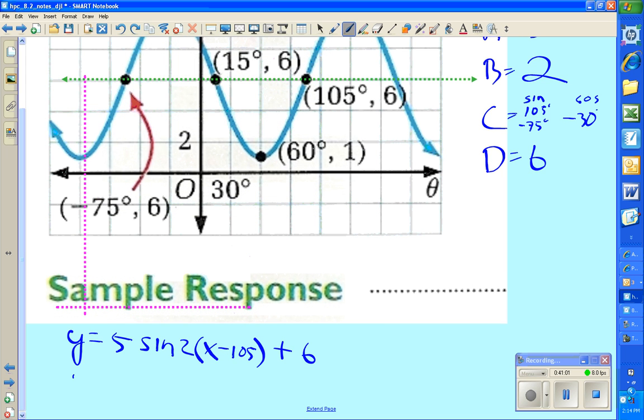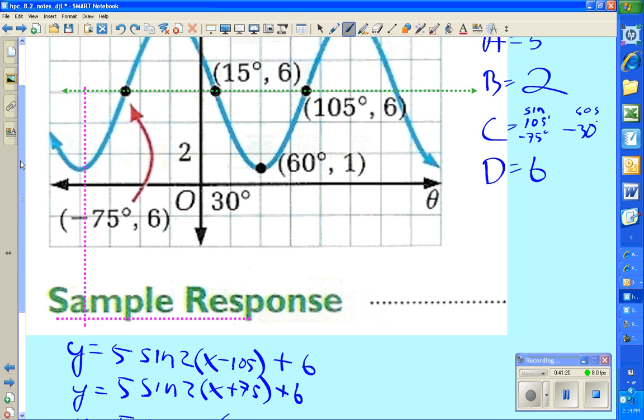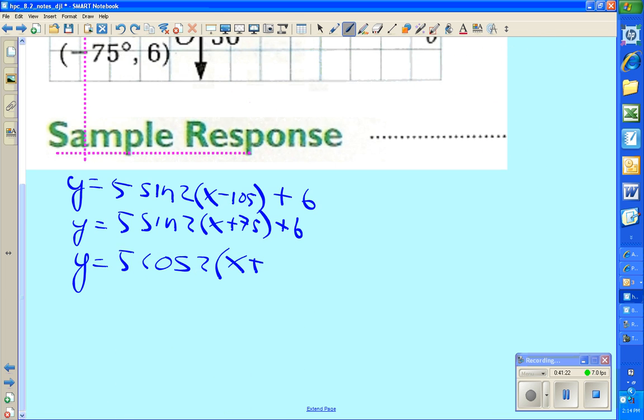You could do y equals 5 times the sine of 2 times x plus 75, plus 6. Or you could do y equals 5 times the cosine of 2 times x. What was the C for cosine? Negative 30. So plus 30, plus 6. Any of those three would be correct answers. Not that there aren't more, but that's 3 of them.